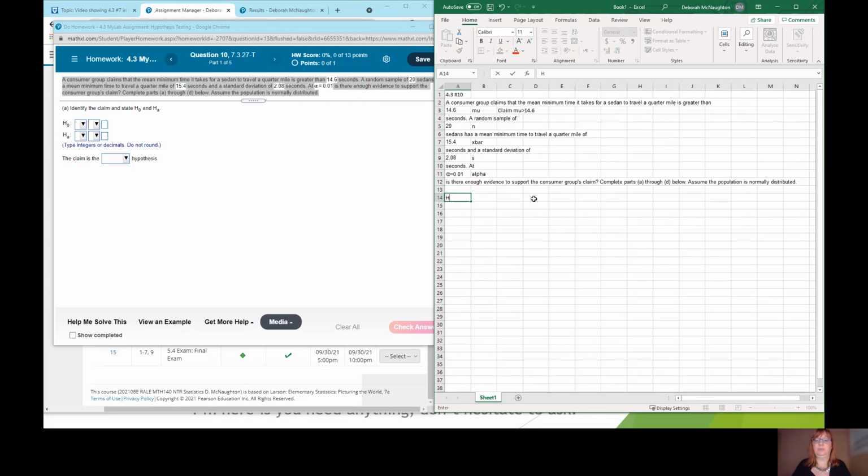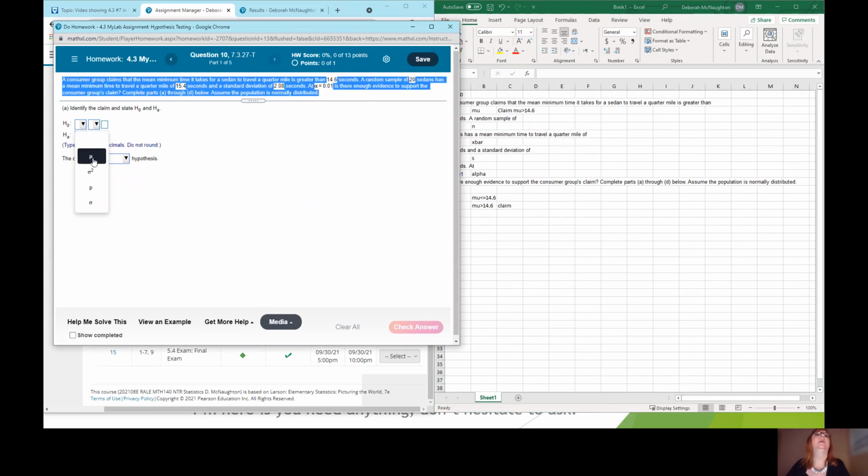So the first thing we do is we state the null and the alternative hypothesis. Since this is strictly greater than, this is the alternative, because remember the null always has the equal sign. So mu greater than 14.6 is my alternative, and this is my claim. And then that means my null hypothesis is mu is less than or equal to 14.6.